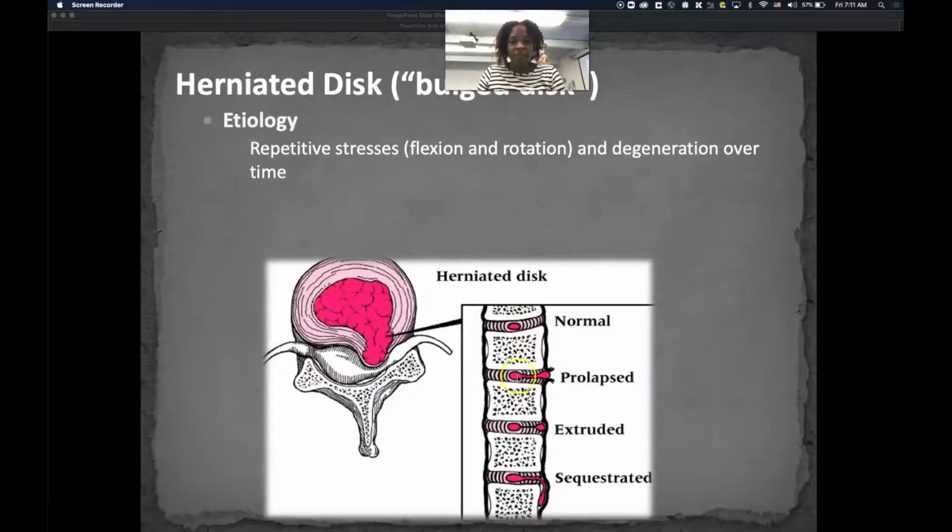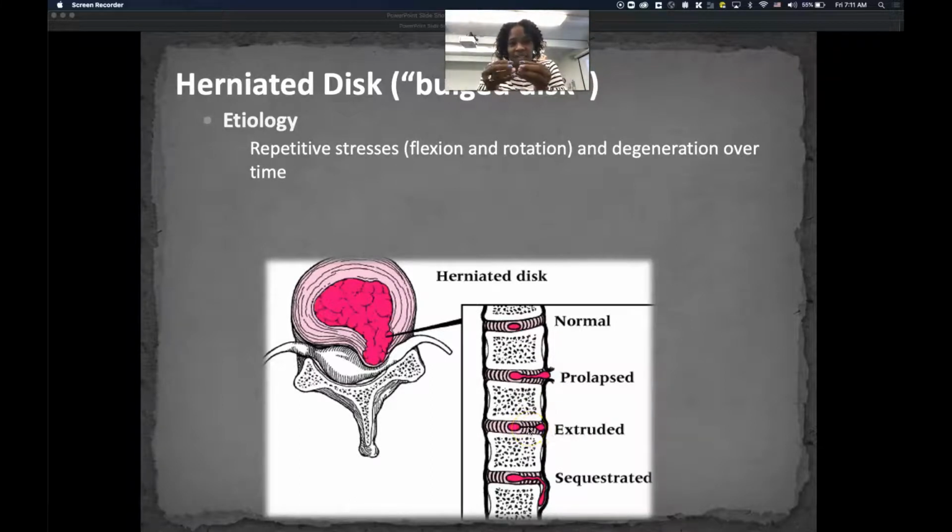In essence, what could happen is, as we load, we could have something called a prolapsed herniated disc, which essentially means you can see that annulus fibrosis is ruptured, and so that fluid is allowed to kind of leak through the disc, and that can cause spinal issues, right? You can also have an extrusion.